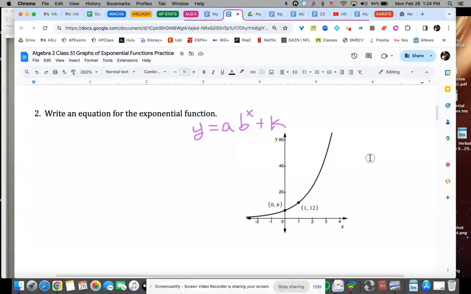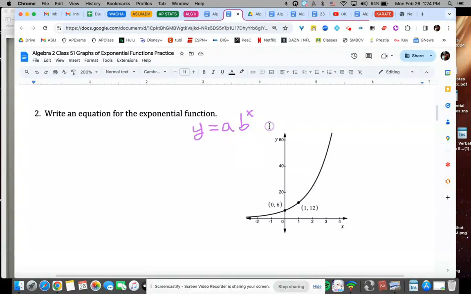So we have to worry about that and just make sure this wasn't shifted up. How do I know this was shifted or not shifted? Where's the asymptote? We just got done talking about that. If that asymptote is still at 0, that means my k value is going to be 0. Why is that important?